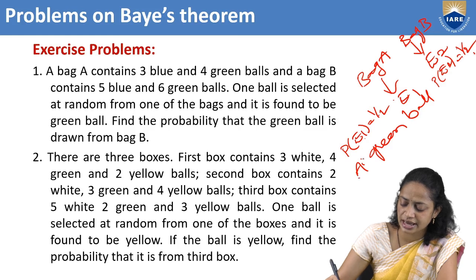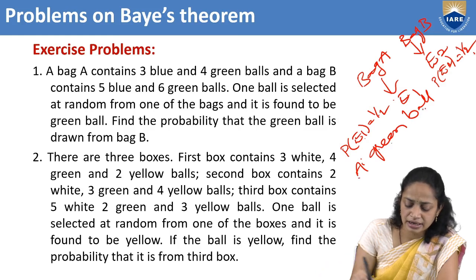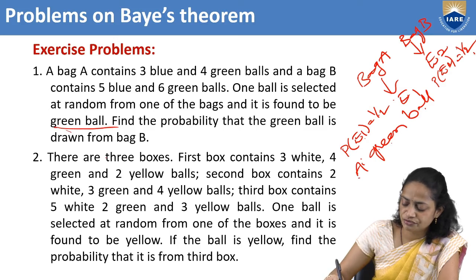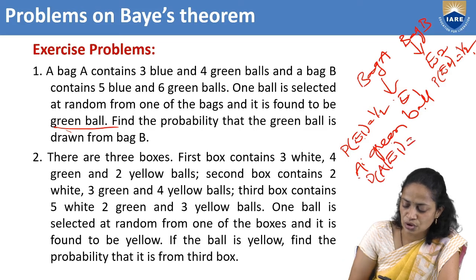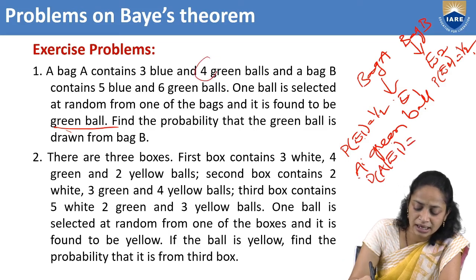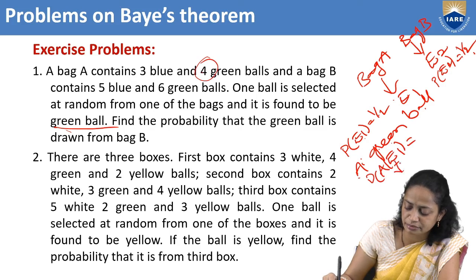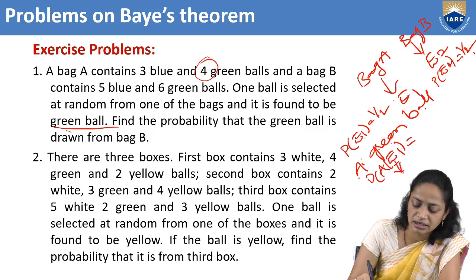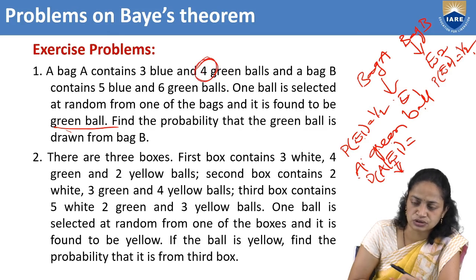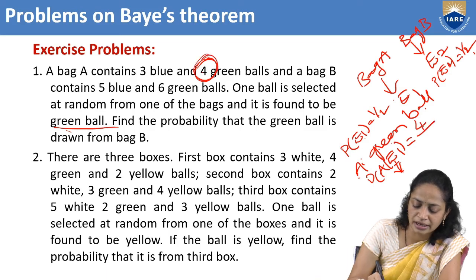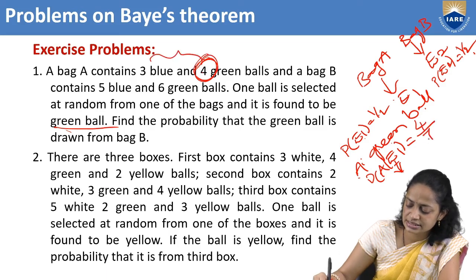So let us consider A is the event of selecting a green ball. For that we need to find probability of A given E1. Here we have to select only a green ball. So how many green balls are there in bag 1? E1 is nothing but bag 1, right? 4 green balls are there, divided by total number of balls, which is 7.